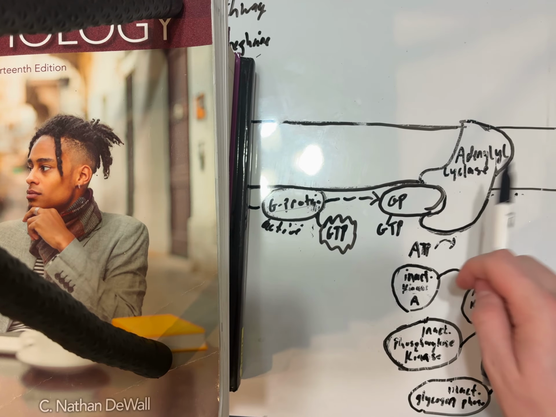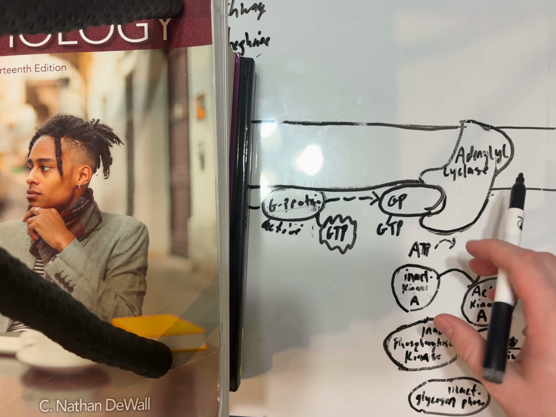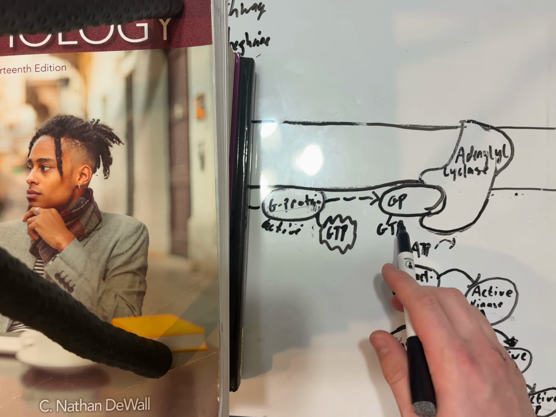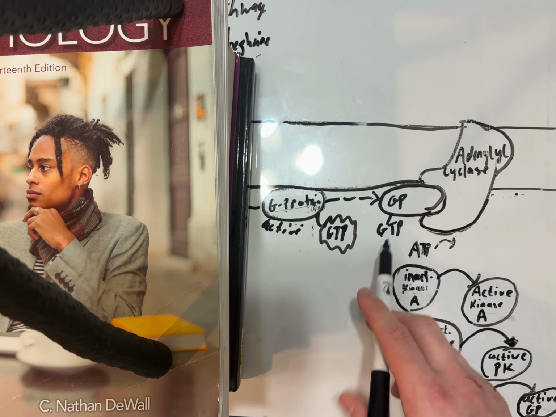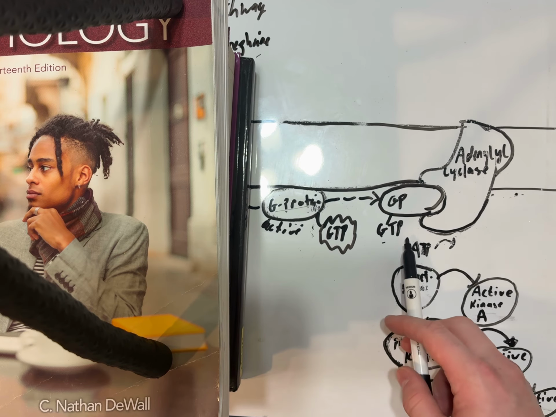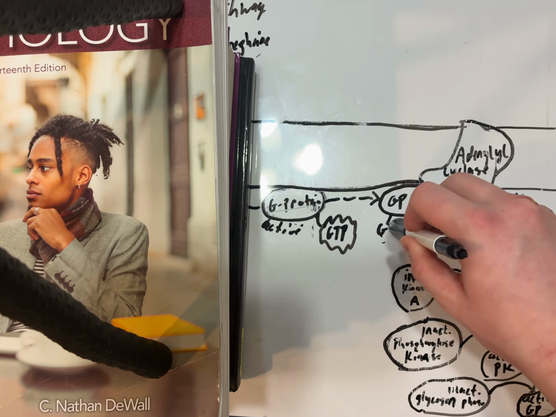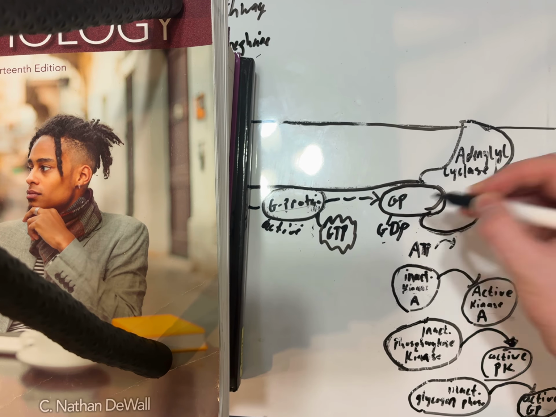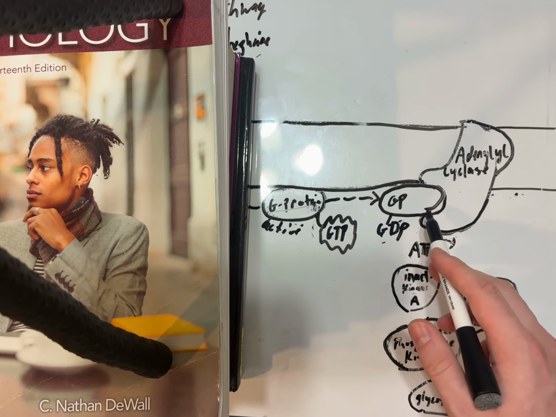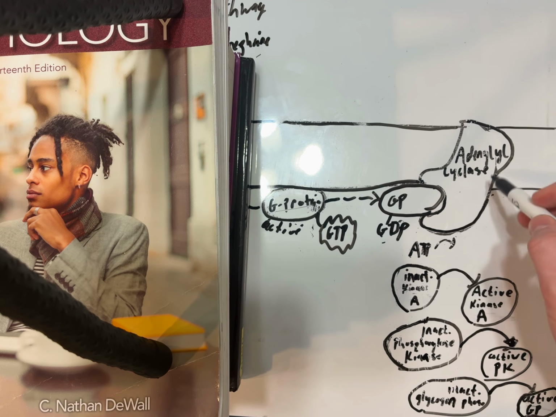And a couple things are going to happen now. The first thing is this G protein is going to cleave a phosphate off of its GTP. And when we cleave a phosphate off of GTP, we go back to GDP. And it's going to use that phosphate to activate this adenylyl cyclase.